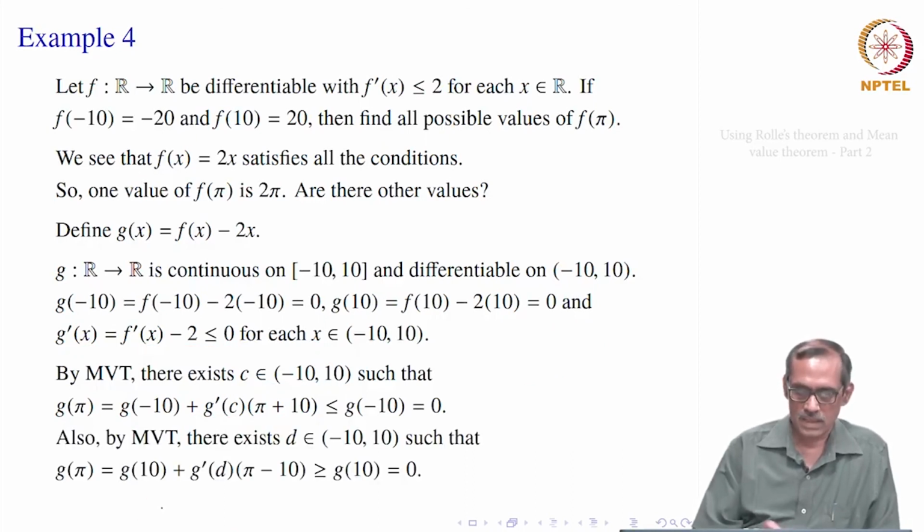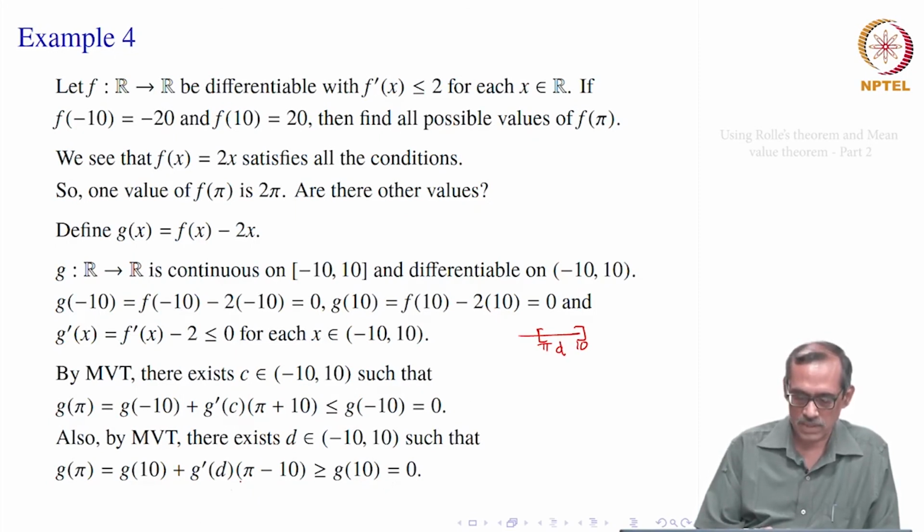Now, again we go to the other side, that is we have pi here and 10 here. On this closed interval, if we use again mean value theorem, I would get g of pi equal to g of 10 coming the other side plus g prime d into pi minus 10, d is lying somewhere between pi and 10.